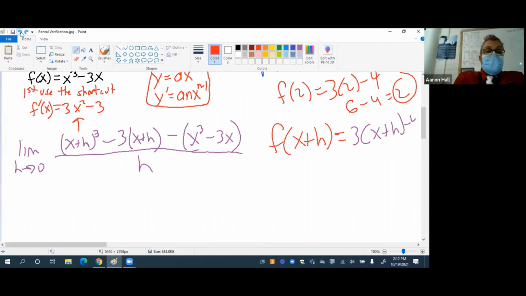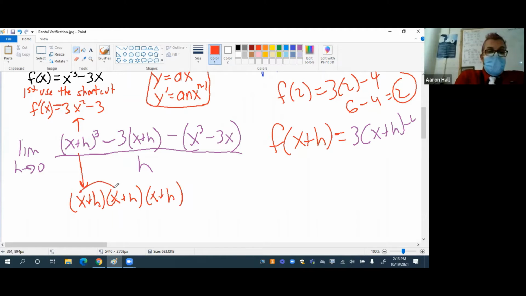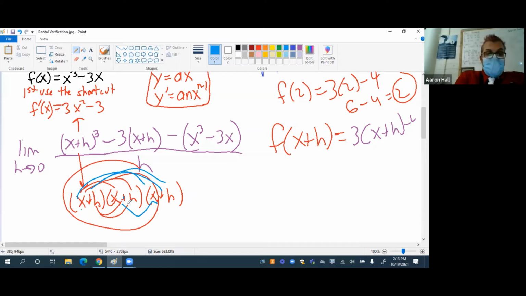So we can either distribute all this. I have x plus h times x plus h times x plus h, and then distribute here, here, and here, and here. And then whatever we have here, we need to distribute here, here, and here. There would be 3 of them here, right? So we'd have here, here, and here, and here, here, and here.